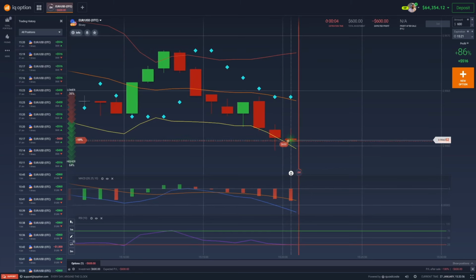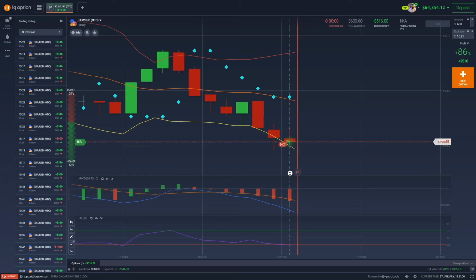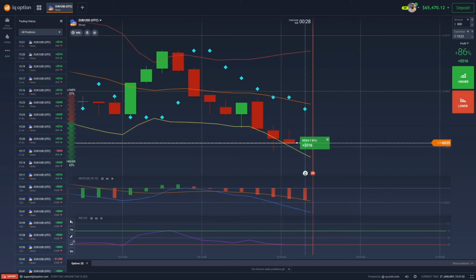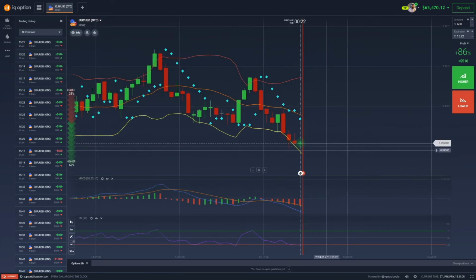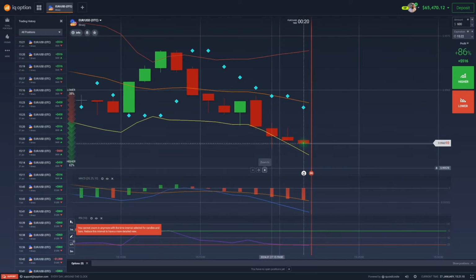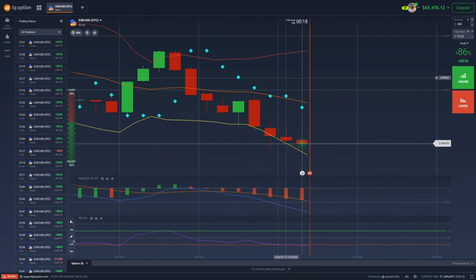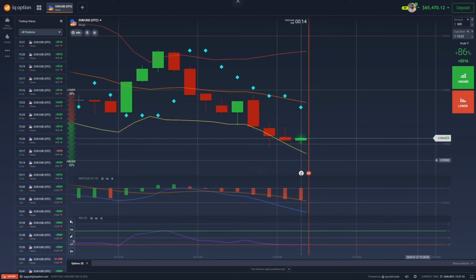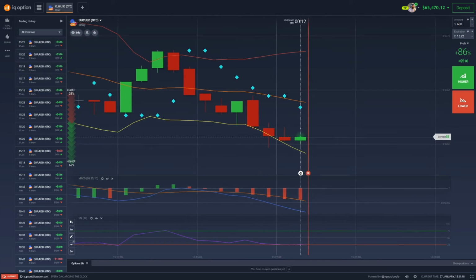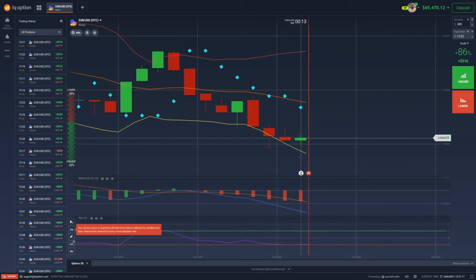That's enough with a signal with 12 winning trades. Another win. So with 12 winning trades with an investment of $100, that's almost $1,000 per day. I believe that's more than enough if you have a balance of $10,000 and you're making $1,000 per day.